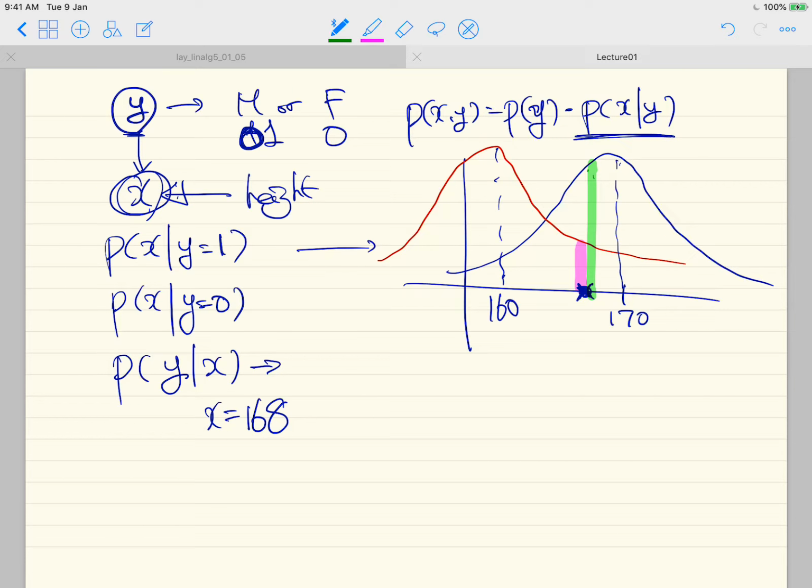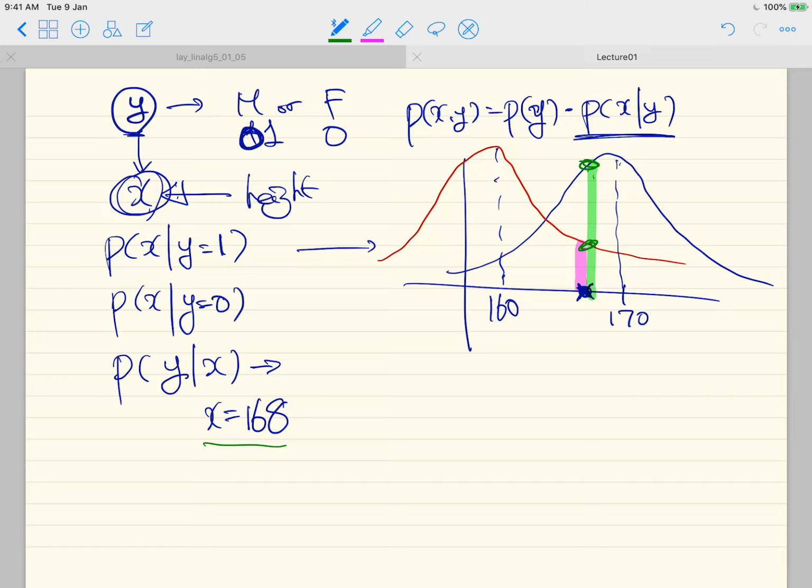So intuitively, when fixing our input value x, this observation, as a particular value, and bringing values from these two conditional distributions, we can easily determine the classification.